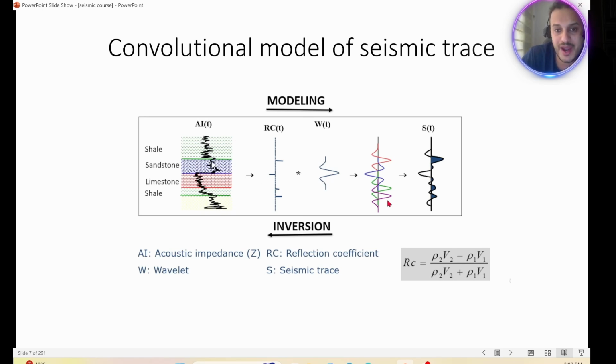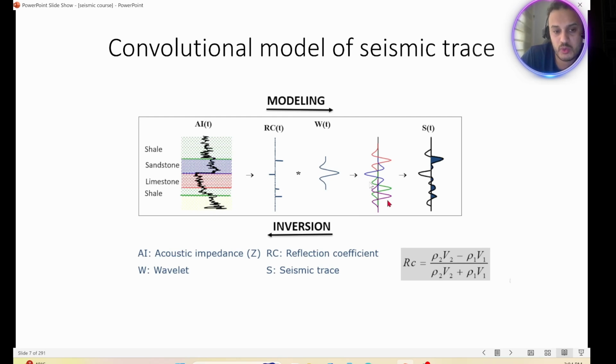If the rock has low acoustic impedance, that means the velocity and the density are very low, we will get a negative reflection coefficient, then we will get the trace from this side, from the minus.